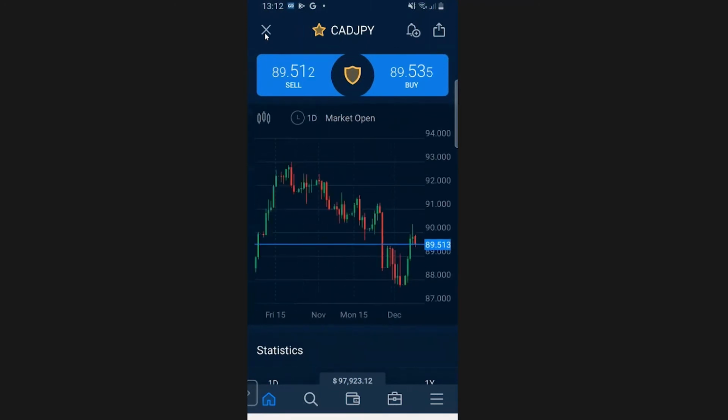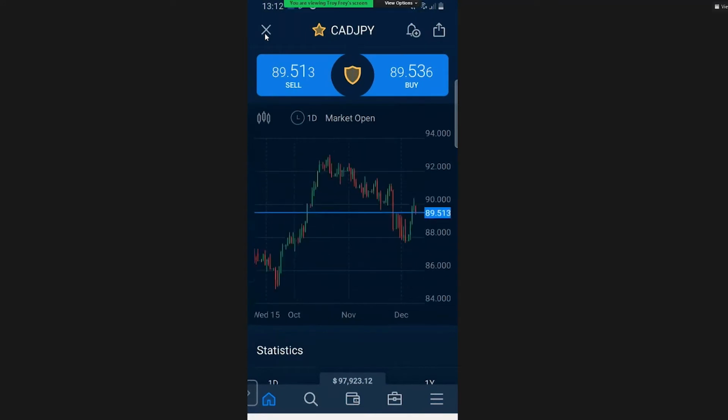And so it's very easy to maneuver the chart on the app. I'm just pinching it and it shrinks it like any smartphone technology should do. We see we are certainly below 89.95. It tested it and came right back down. So now we're below after a test and a drop on the one-day candles. We're below that 89.95 mark.